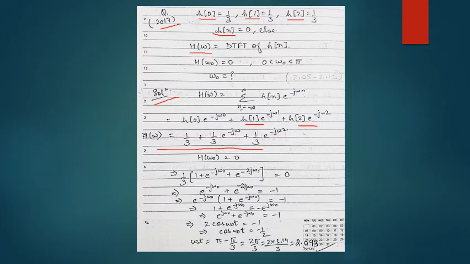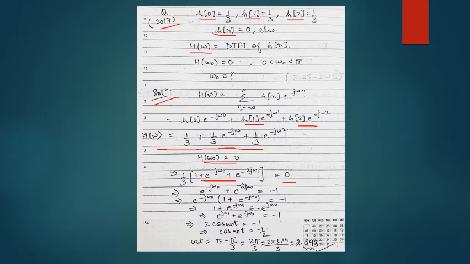In the result, we replace omega by omega naught and equate it to 0. So I get H of omega naught equal to 0, and I substitute the expression for H of omega with omega equal to omega naught, equal to 0. On solving this equation, we get the final value of omega naught as 2.093.